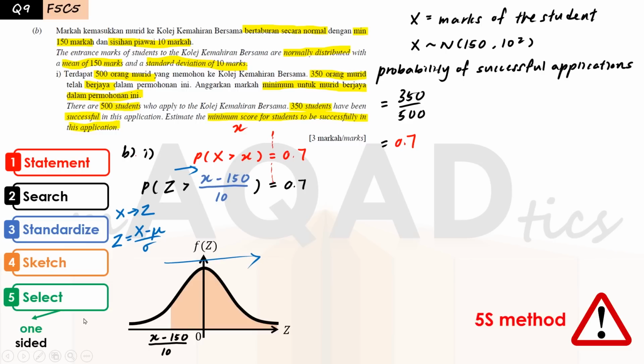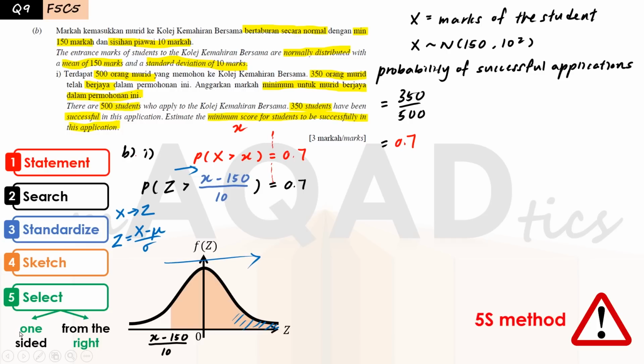Okay, and the second criteria is from the right side. From the right side means that this area is connected from the right end of the graph, so I can sketch it from the right side. Okay, so this one is satisfied, but the first one failed.